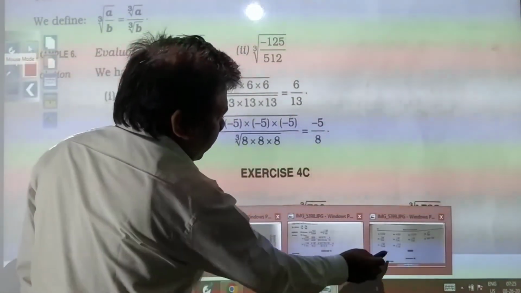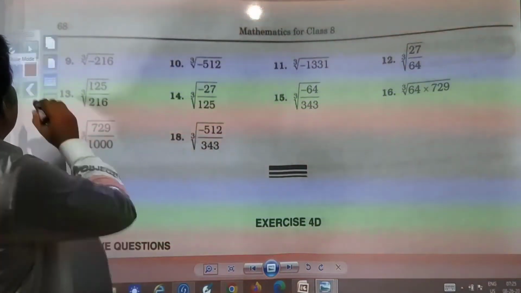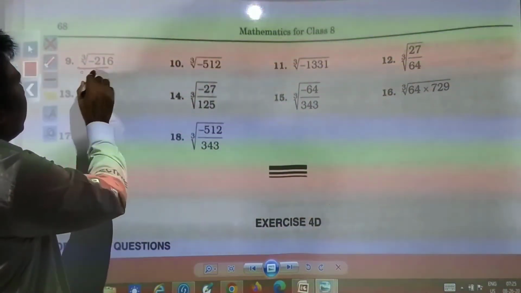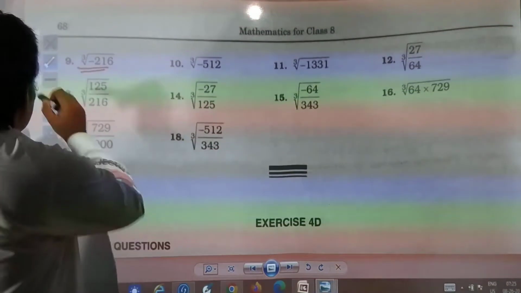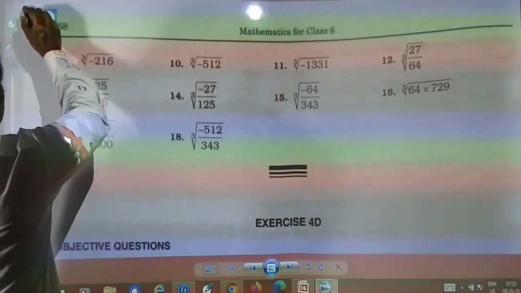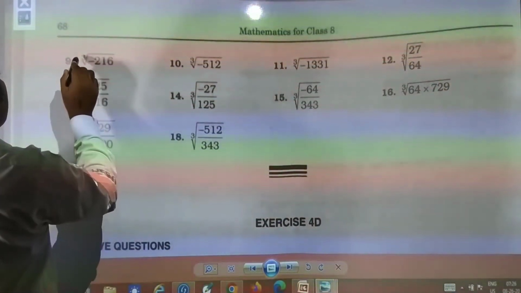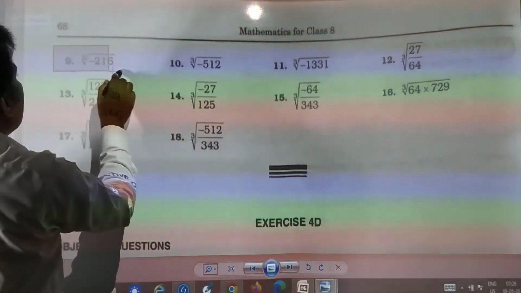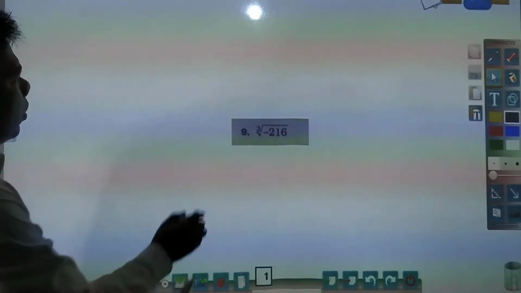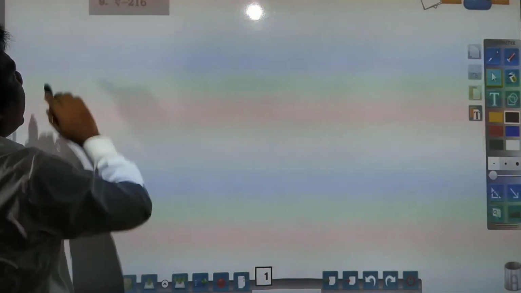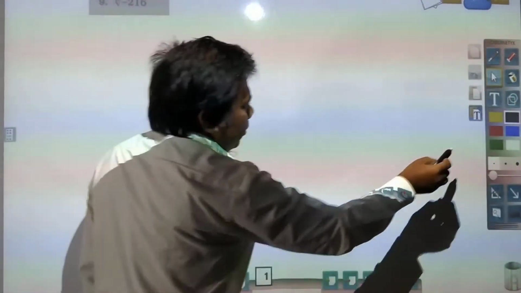Next you see, here you have negative integers, suppose minus 216. How is it to be done? Again the same thing is required.